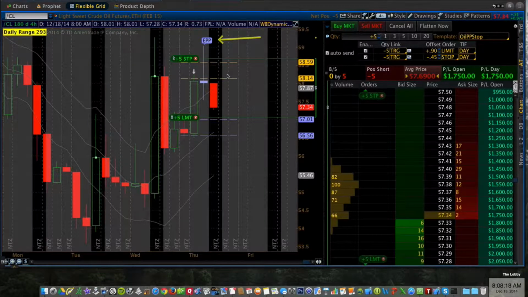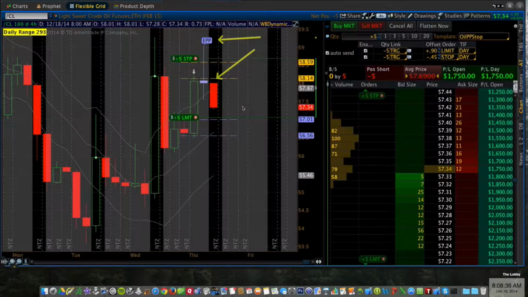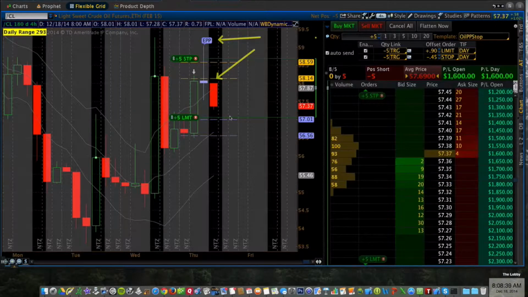If you have the reverse signal, which we don't have, but that would be like down here where you have an orange EPP, on the next bar you would go long. So on this particular bar we got an EPP, and here we got a bar that started to go negative, so we went short, and it looks like it's going to be productive for us.